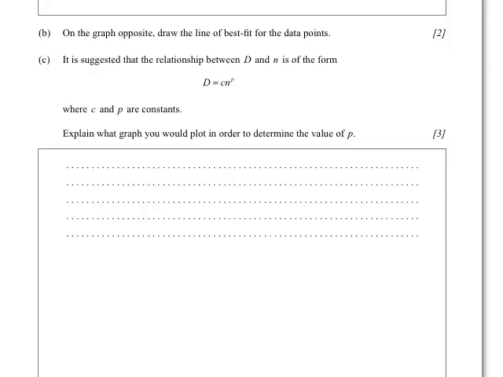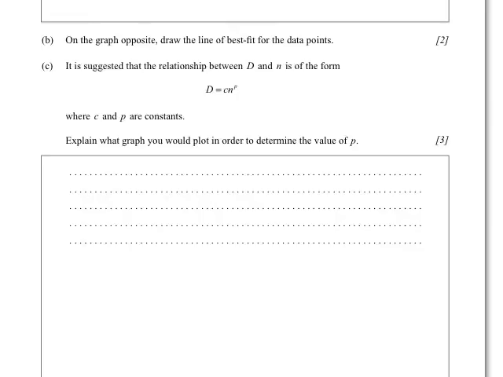Part C. It is suggested that the relationship between D and N is of the form D equals C N to the power of P, where C and P are constants. Explain what graph you would plot in order to determine the value of P. Well, this is a very rare question, but does come up occasionally. They want you to use logs.